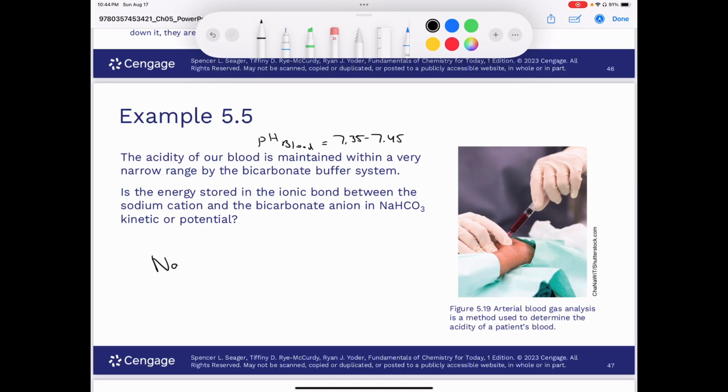Well, remember, sodium is a cation and the bicarbonate ion is an anion. Since this is due to bonding, it doesn't have anything to do with motion. This would be potential energy.